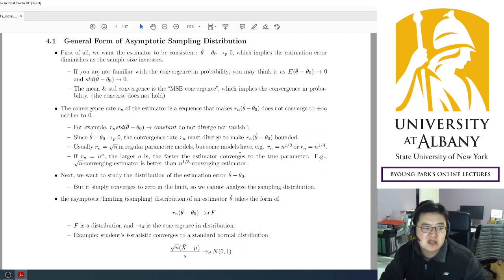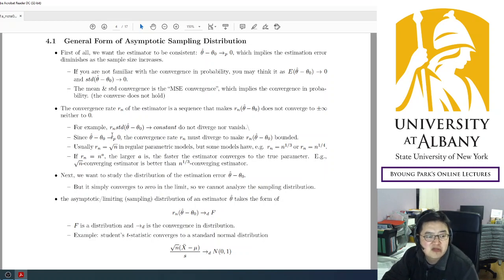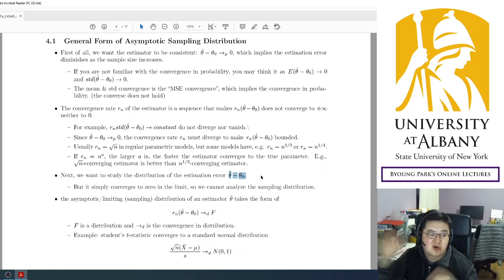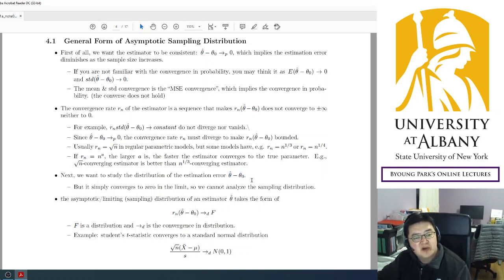And theoretically it's important because the third point we need to study here is the distribution of the error, right? This is the estimation error. We would like to study whether it is normally distributed or what it looks like. But the problem here is, as I said, most estimators have estimation errors that converge to zero. If it converges to zero, there is no distribution.